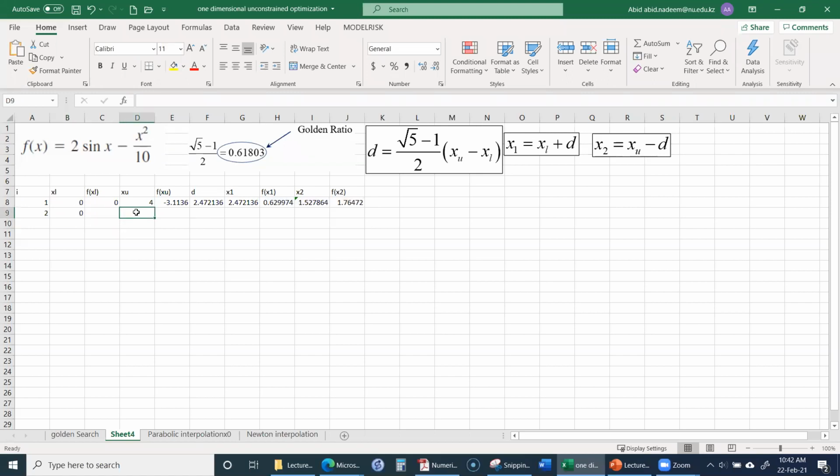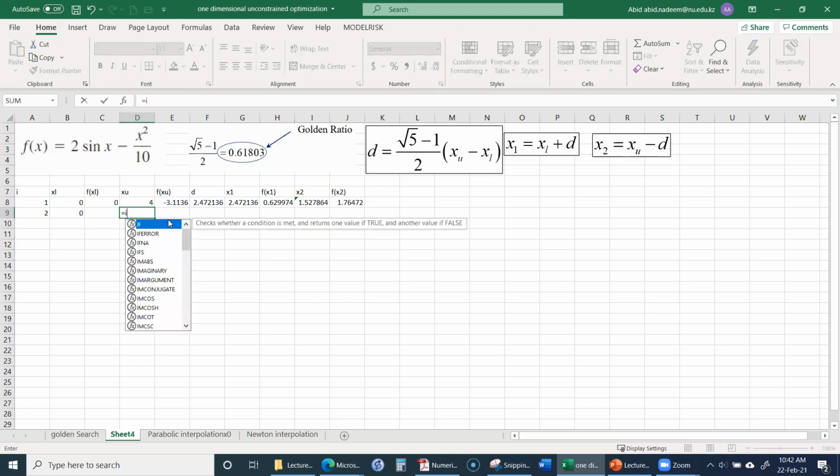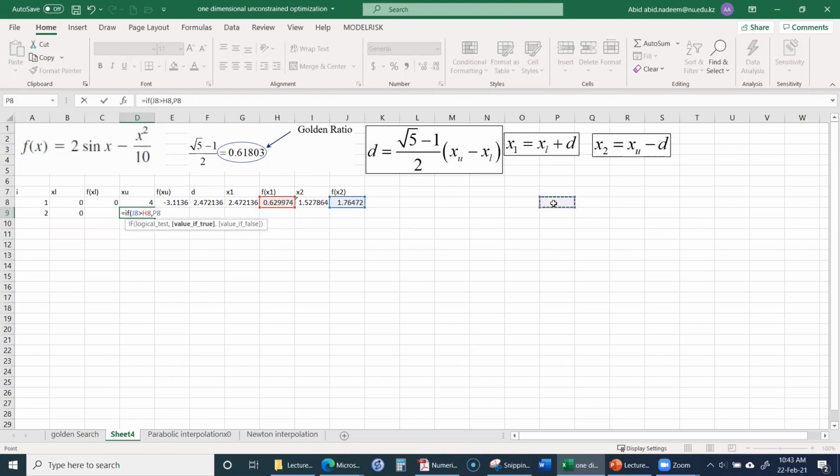And for this we need to put another statement. If fx2 is greater than fx1, that means fx2 is located here, fx1 is located here.